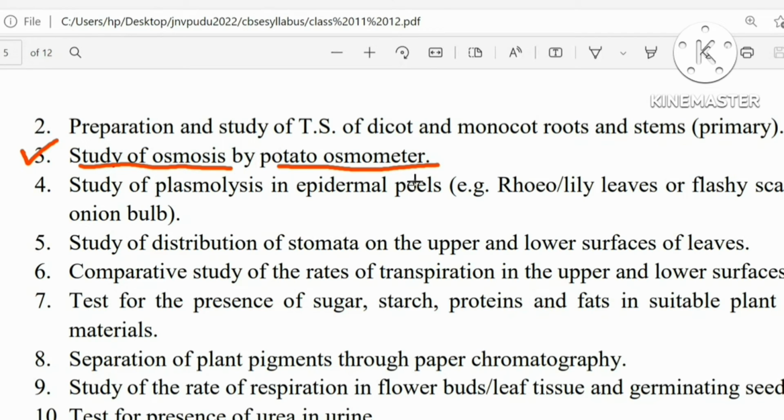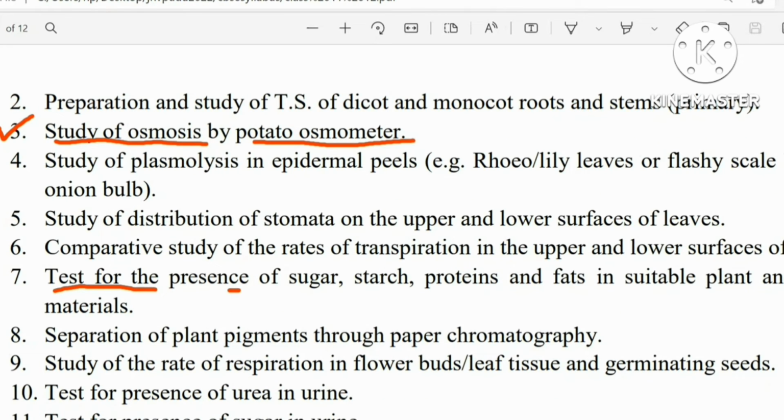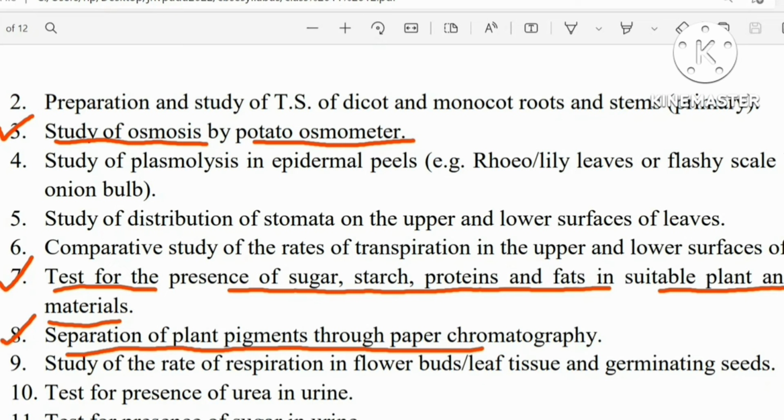This is a second major experiment. Test for the presence of sugar, starch, proteins and fats in suitable plant and animal materials. This is a third type of major experiment. And then comes separation of plant pigments through paper chromatography. So all these comprises of the major experiments in which one will be asked, and that will be for 5 marks.